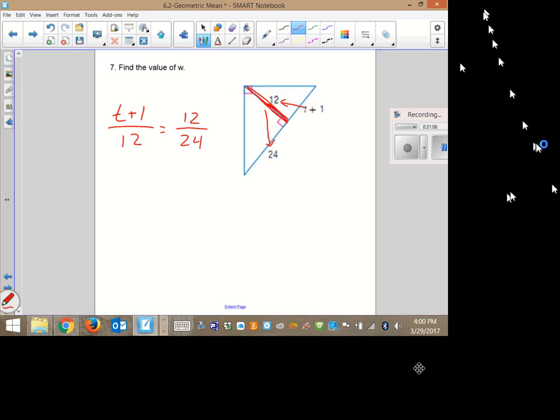Cross multiplying, we're going to get 12 squared equals 24 times t plus 1. So we get 144 equals 24t plus 24. Subtracting, we get 120 equals 24t. Dividing by 24, we get t to be 5.